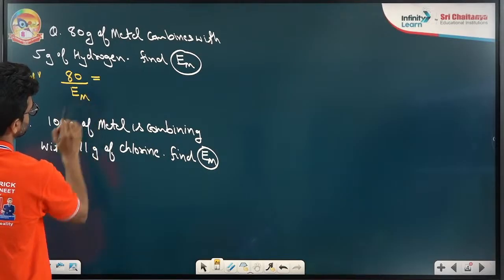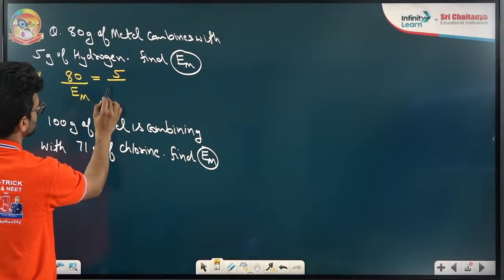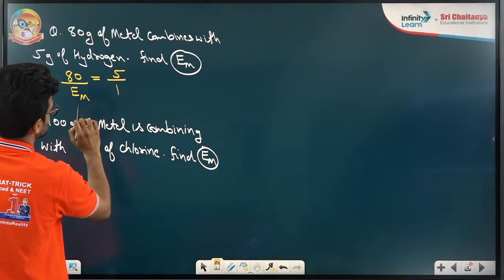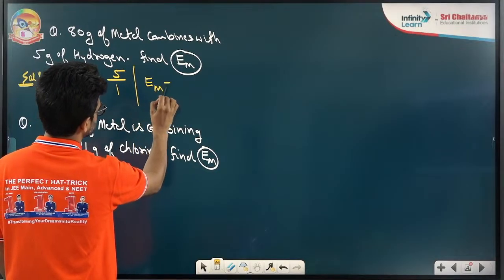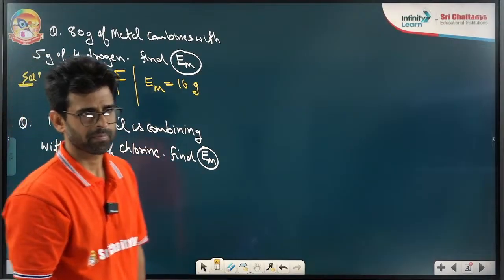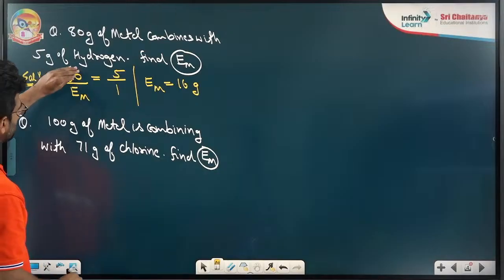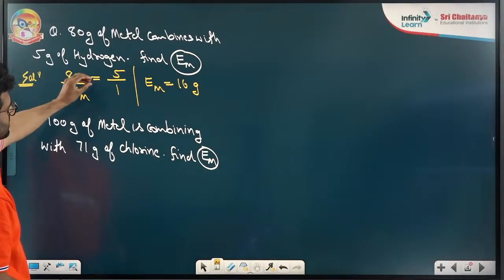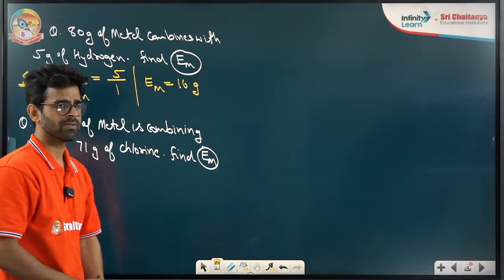Here I am having 5 gram of hydrogen divided by equivalent weight of hydrogen, how much? 1. So from here if you solve, the Em is coming 16 gram. Very easy. What I used here: weight of metal divided by equivalent of metal equals weight of hydrogen divided by equivalent of hydrogen. Fine? Good.